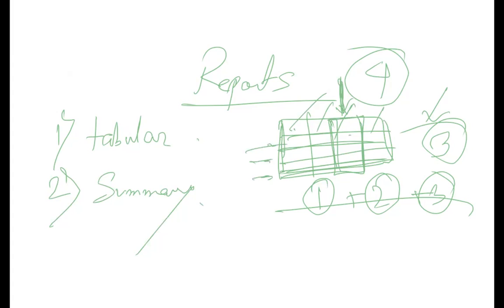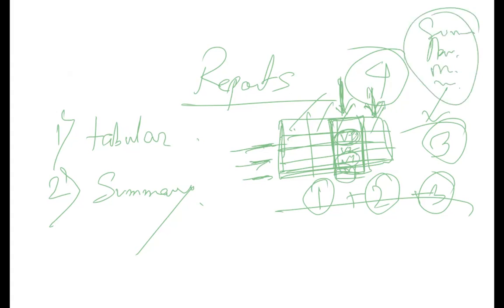If it is a repeat value like V1, V2, again V1 here, again V1 here, then I can group the data and add up all the rows which have this value as V1. Arithmetic calculations are possible on that row. You can do an average, min, max, and sum. These calculations you can do.